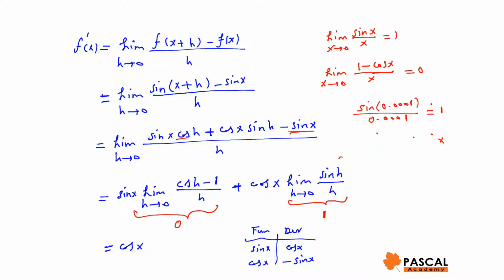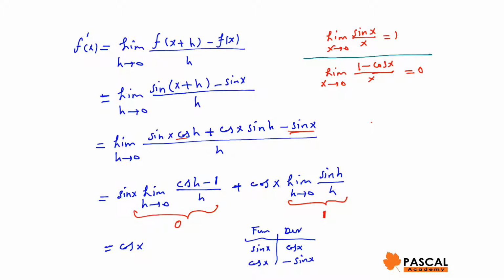Therefore, we can say the limit of 1 minus cosine of x over x as x approaches 0 is 0 using the fact that the limit of sine of x over x as x approaches 0 is 1.